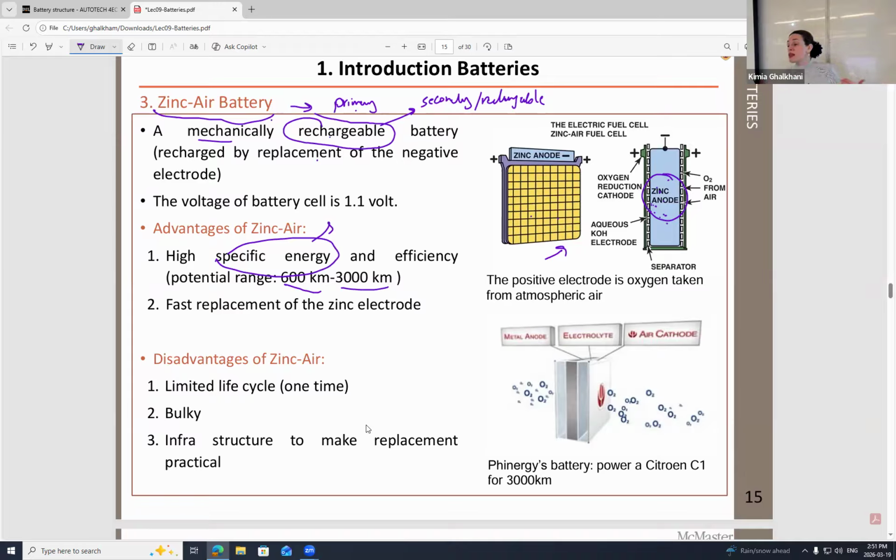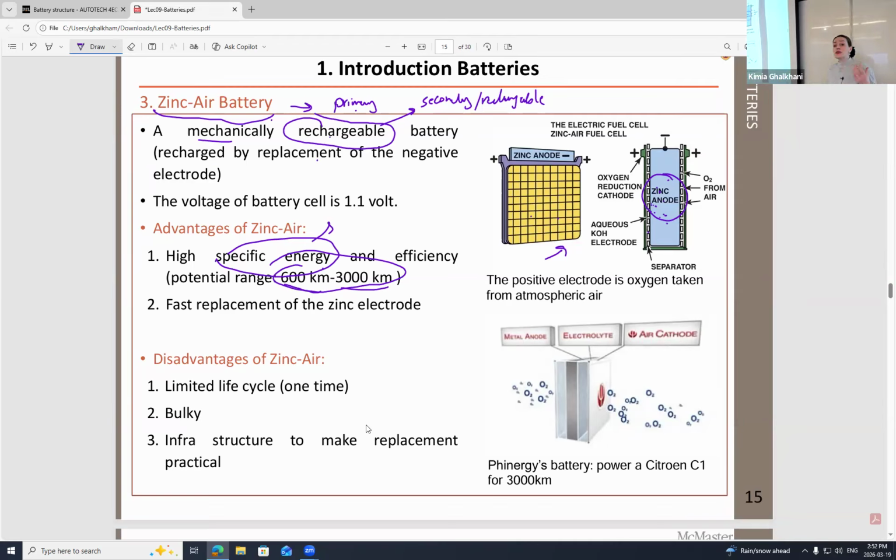It is doable, but not efficient. But after going through all of the complicated process to have the rechargeable version of this type of battery, they are really efficient because they can have high specific energy, and you can use them even for electric vehicles to drive up to 3,000 kilometers.